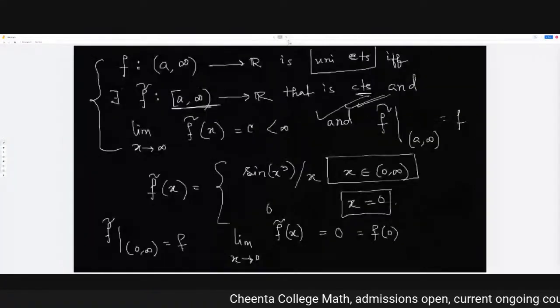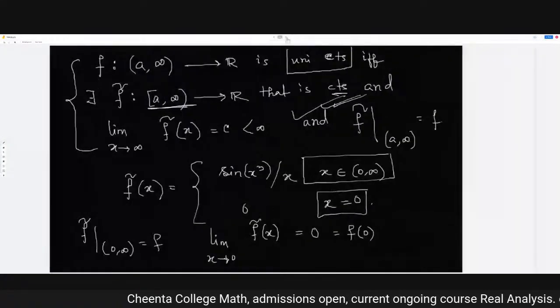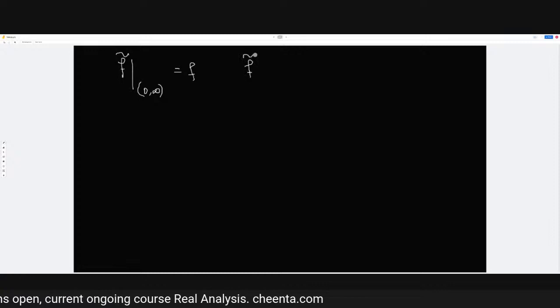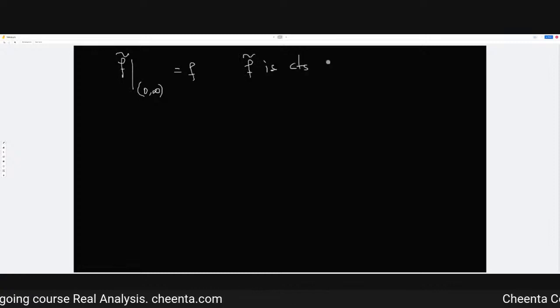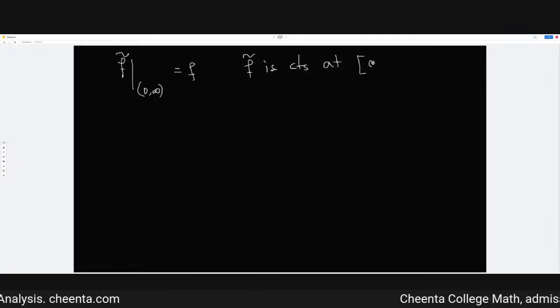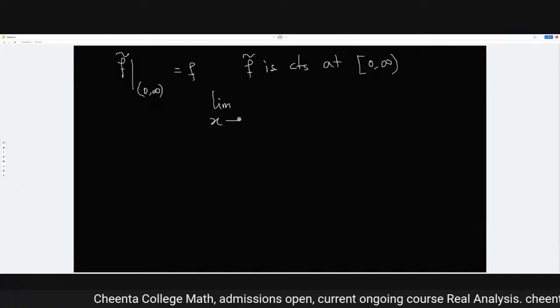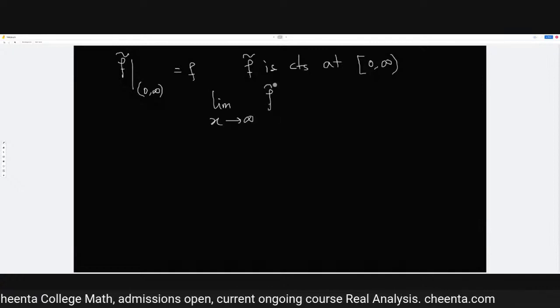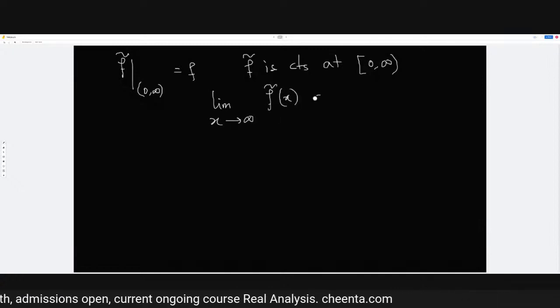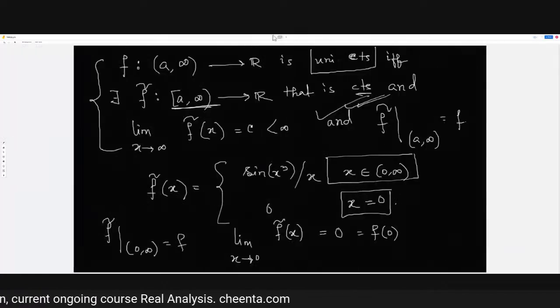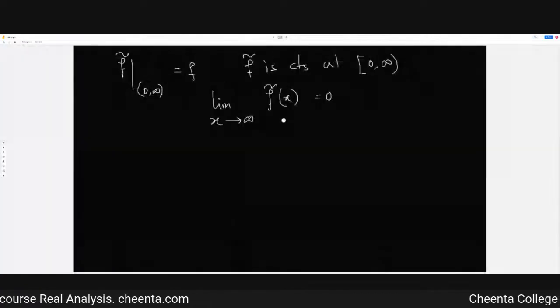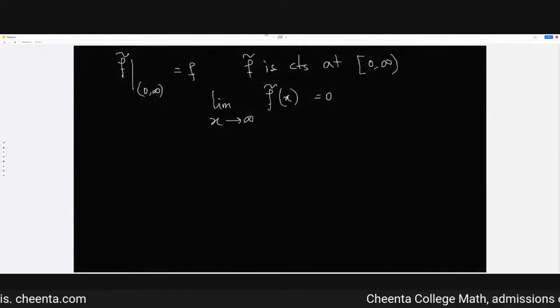Okay, so now I have two things: f tilde restricted to (0, infinity) is f, and f tilde is continuous on [0, infinity). The only thing I am missing to put everything together is what happens when x tends to infinity of f tilde of x. This is 0, because by the same sandwich theorem, f tilde of x becomes 0.